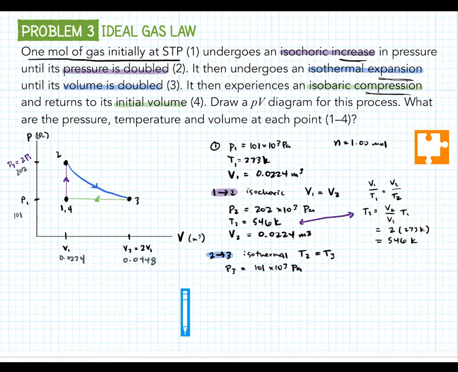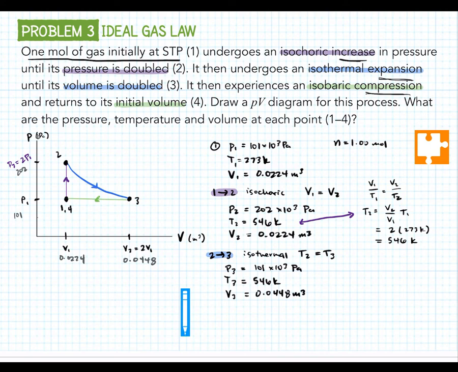And then our temperature 3, well, that has to be the same because this is an isothermal process, so that's still 546 Kelvin. And then our volume 3, it's doubled, right? So 0.0448 meters cubed. Okay, and you can just read that off the graph. That's something that's told to us in the problem.